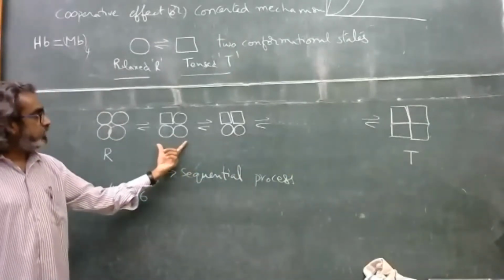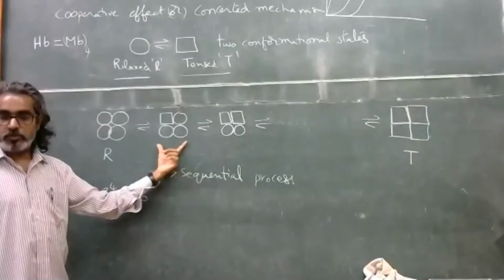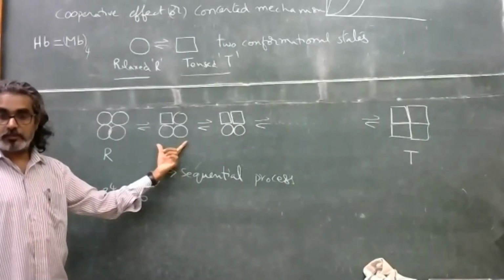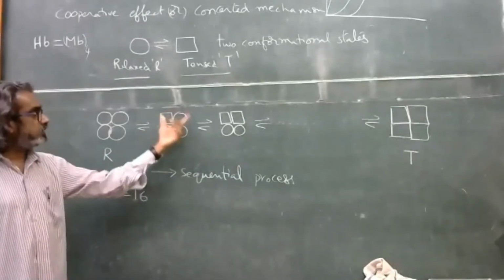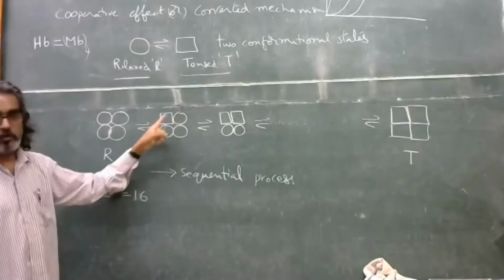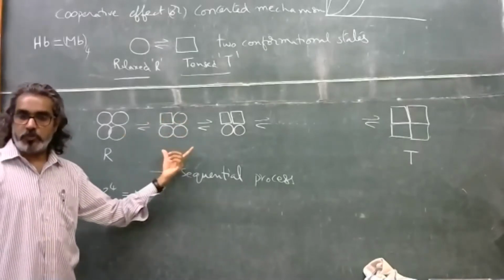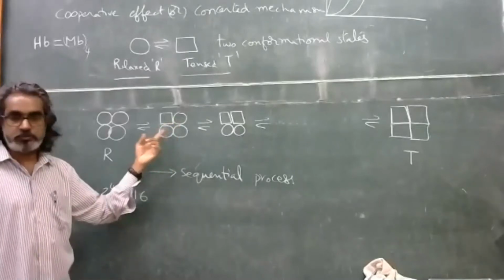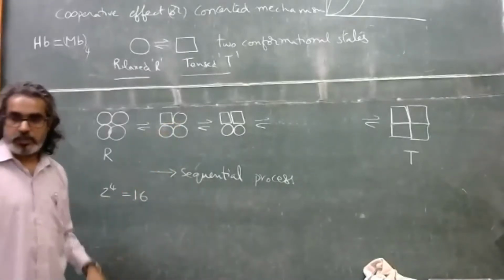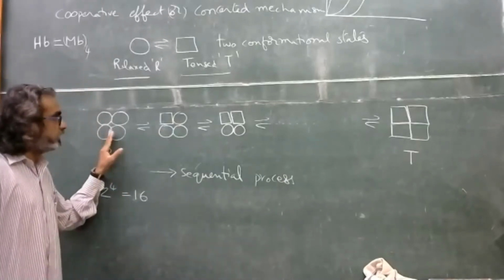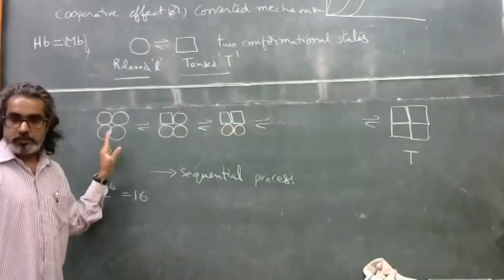But individual ones, let's say out of 4, 1 is in tense state, the other 3 are relaxed. If you label them 1, 2, 3, 4, you actually have 4 conformational states which are equivalent, which are the same. You can't really distinguish which unit is which. So some are indistinguishable, but some are clearly distinguishable.